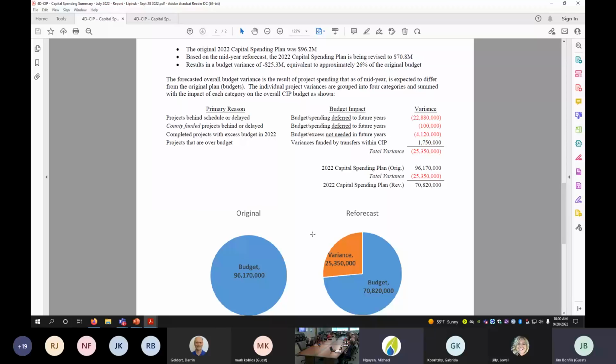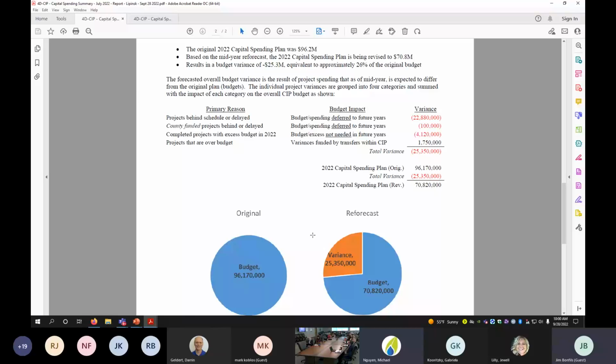So we may have estimated that a project would need to spend $2 million this year, and the project actually completed this year and only needed 1 million of the $2 million. That additional million comes off the books. We didn't need it and it won't be carried forward to the future years.